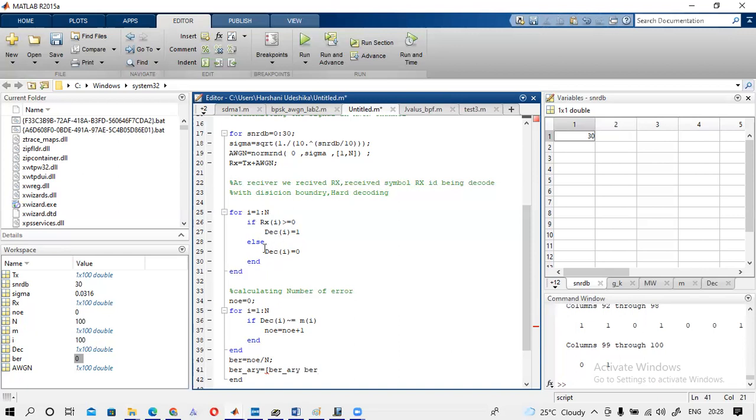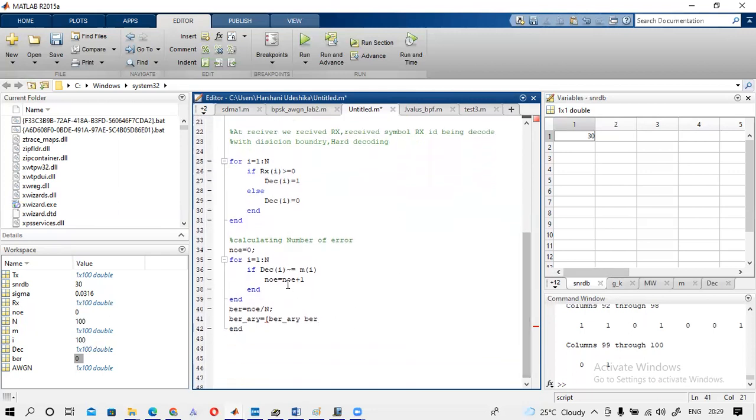Then you are decoding the received symbol, deciding whether it is 0 or 1. Then you compare the decoded bits with the message bits.